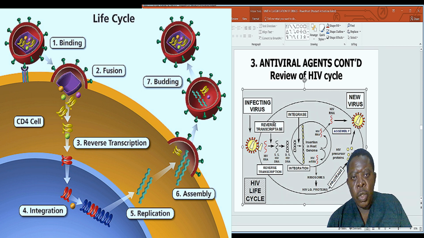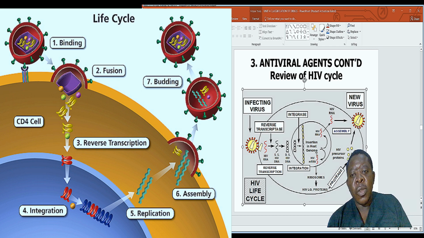So we can try to block this conversion of HIV RNA to HIV DNA. If we fail to block this, we can try within the nucleus to block the combination of HIV DNA material into the host DNA by using a drug known as an integrase inhibitor.